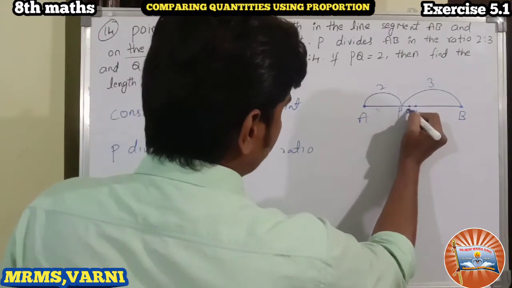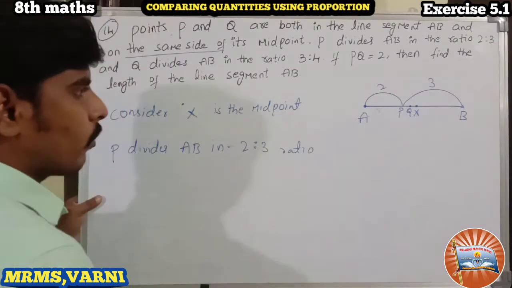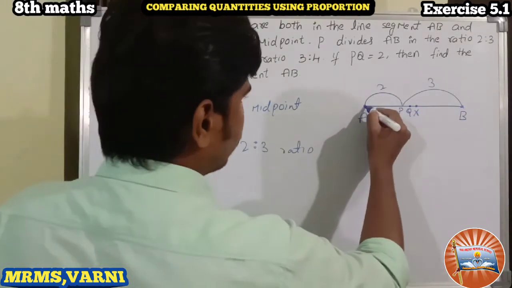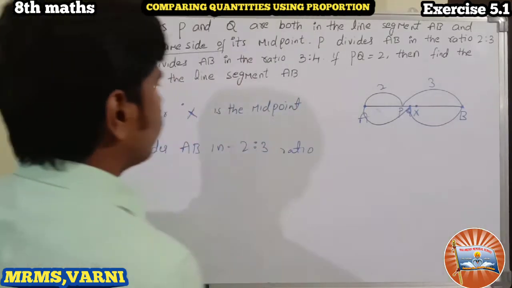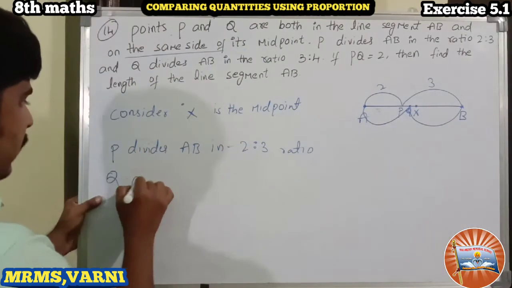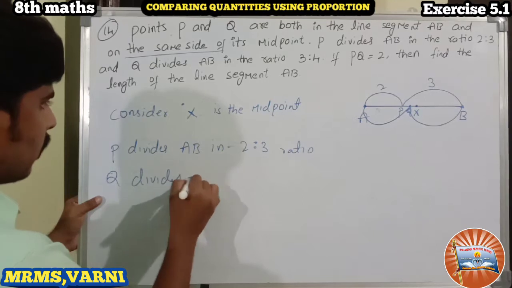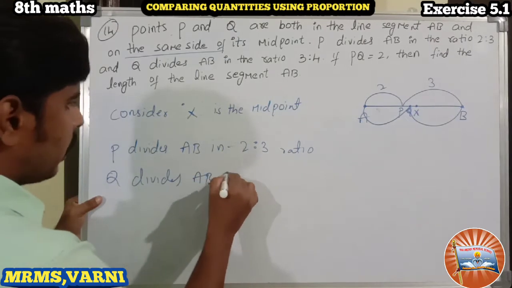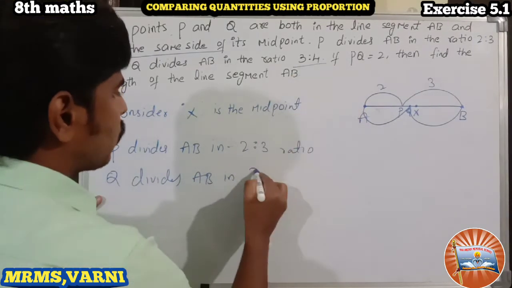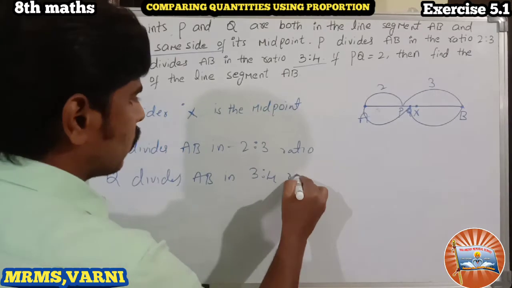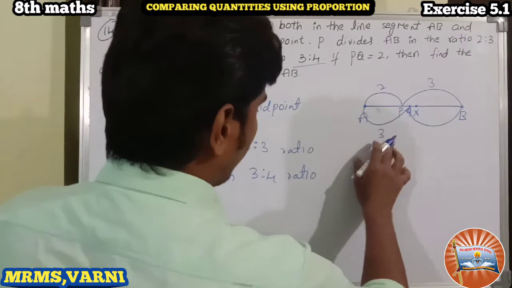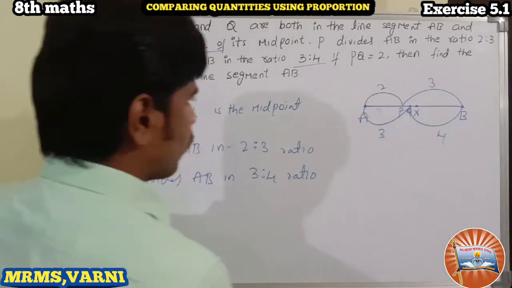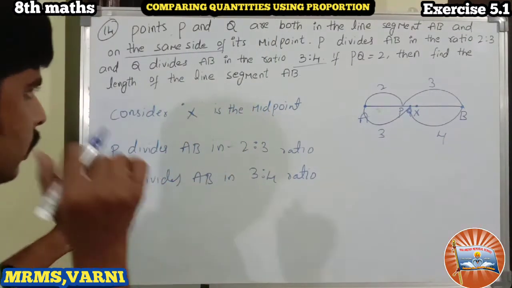My point is Q. So with respect to Q, Q divides AB in a 3:4 ratio. So this is 3 parts, this is 4 parts.